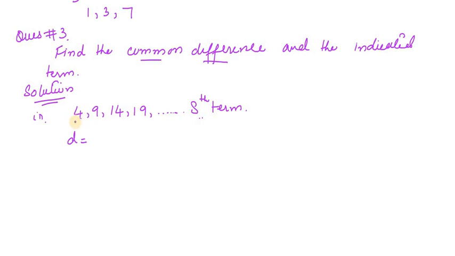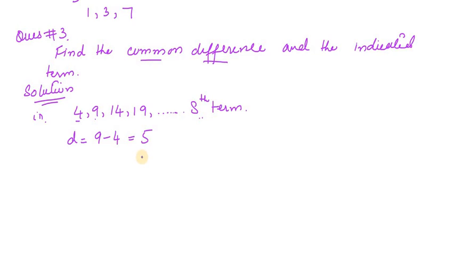For finding the common difference, the first term is 4. We find the difference: 9 minus 4 is equal to 5. To check that the sequence is an arithmetic progression, because only if it is can we use the nth term formula a plus n minus 1 of d.